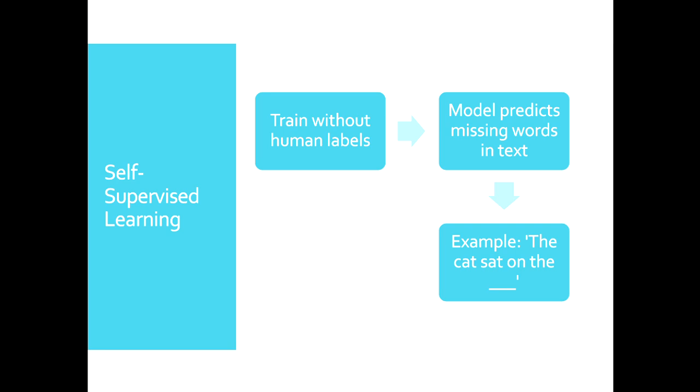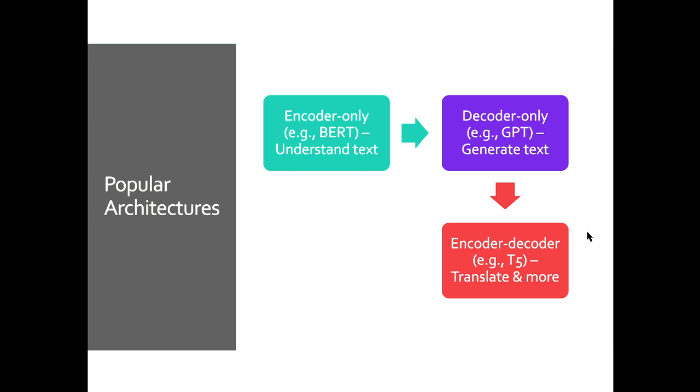For example, if you give a sentence, the cat sat on, and then leave a blank, it will predict the probabilities for the placeholder for the blank. So now let's look into how self-supervised pre-training works.